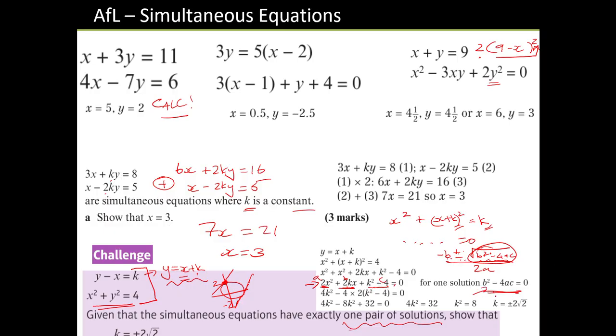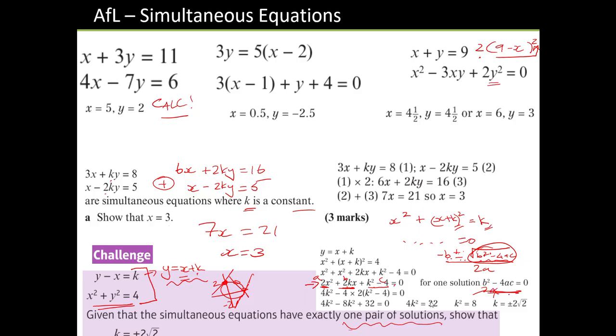We can substitute this in here and find out something quite interesting, which is that there are two values of k that achieve a straight line and a circle having one pair of solutions. The one pair of solutions is because the line doesn't cut the circle twice. What it does instead is it cuts it once.